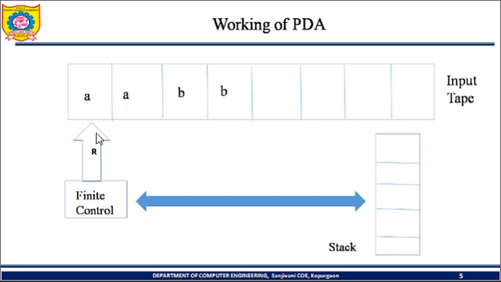The read head reads the current input symbol, and the finite control performs the operation: push operation, pop operation, or no operation on the stack.